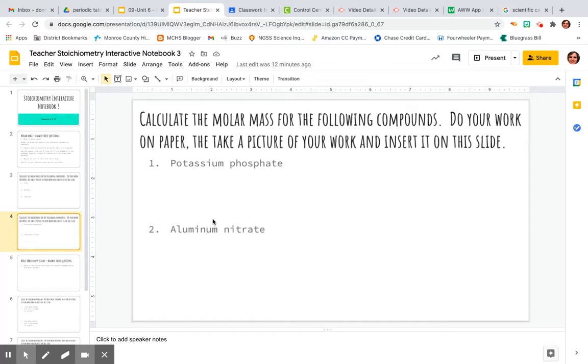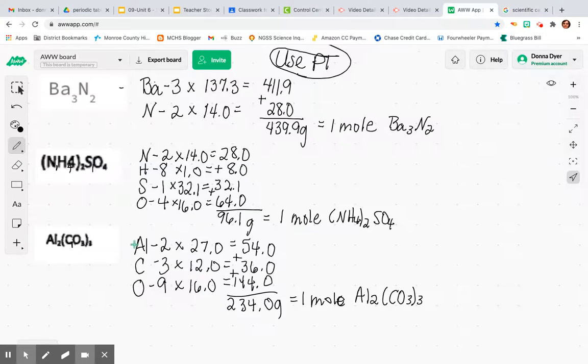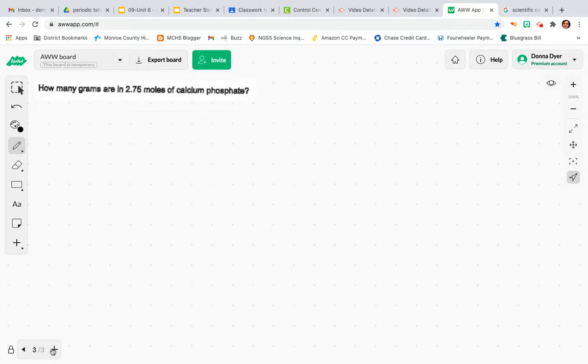Let's say that we're going to do lead 4 sulfite.